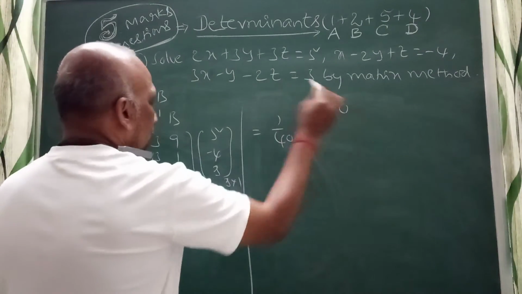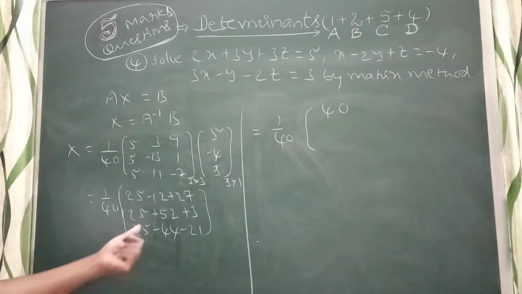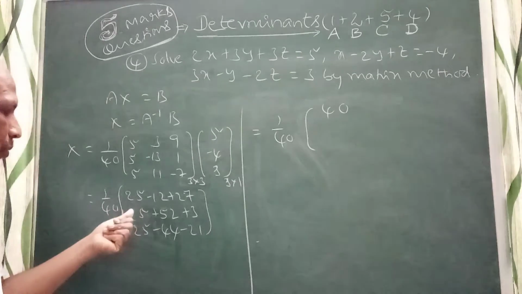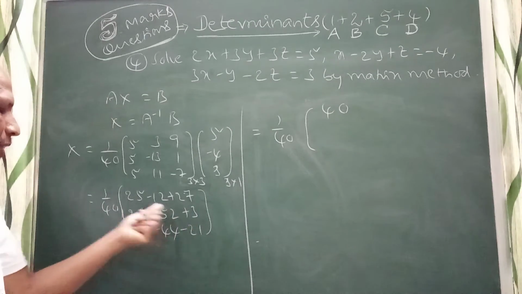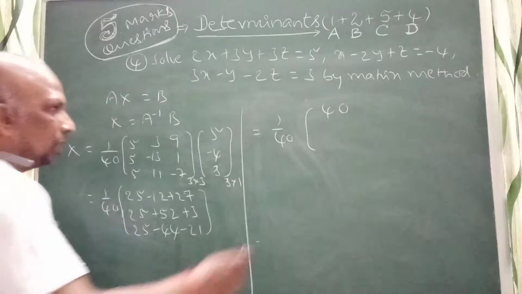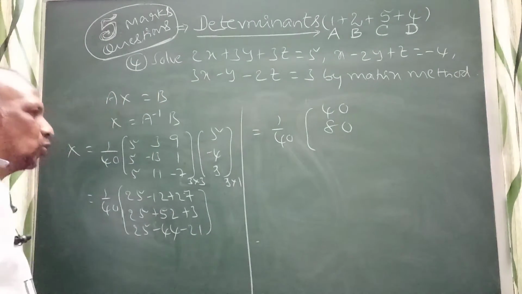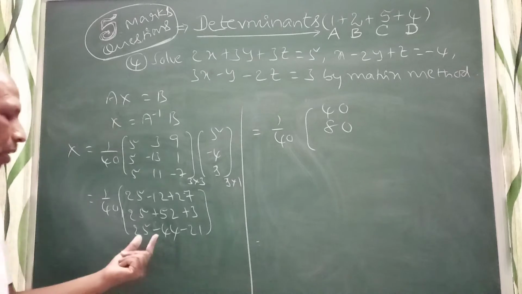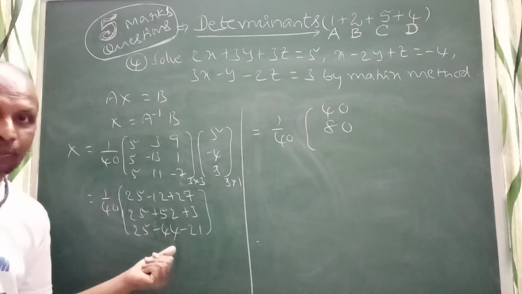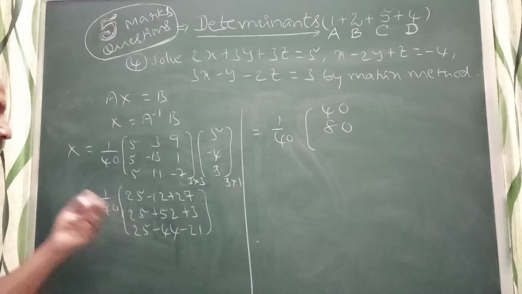You get 40. This one you can check here, this one 25, this is 55, 25 plus 55 is 80. And this one 25 minus 44 minus 21. You can check here 25 minus 44, correct. You can simplify this one.